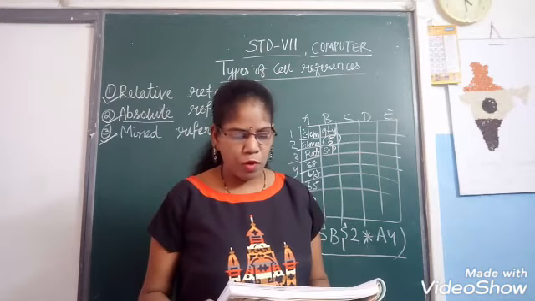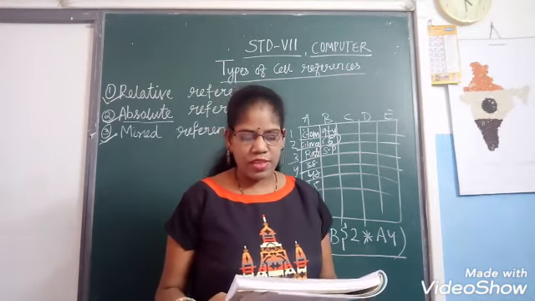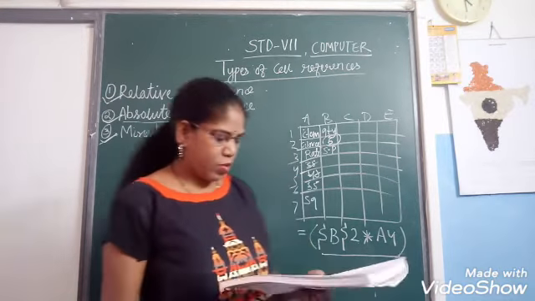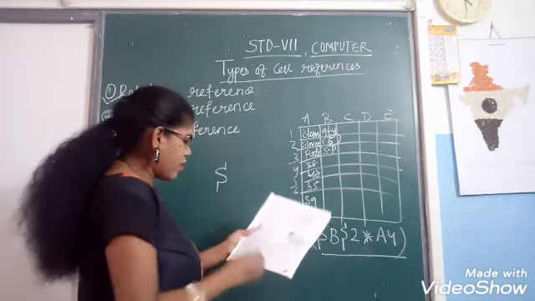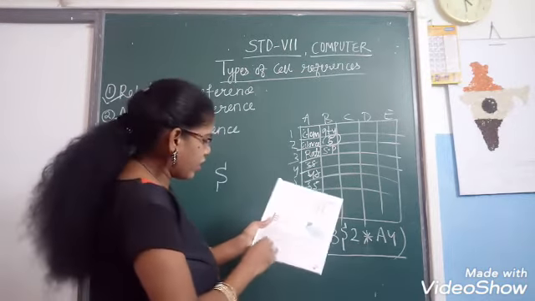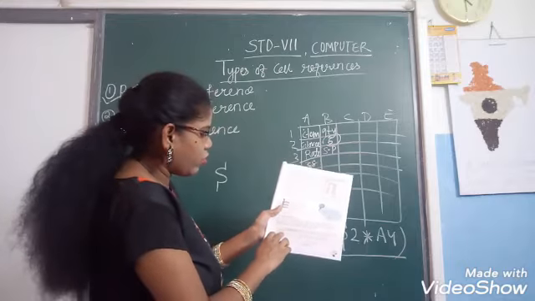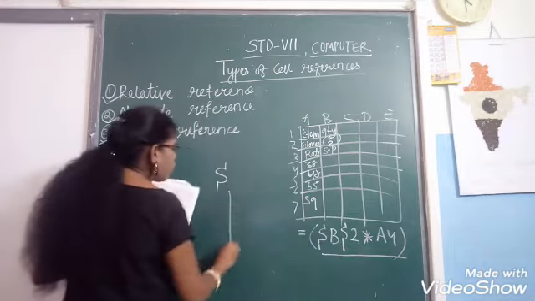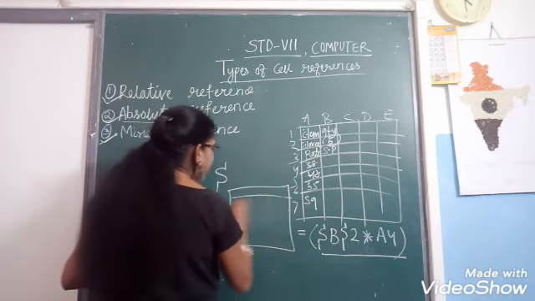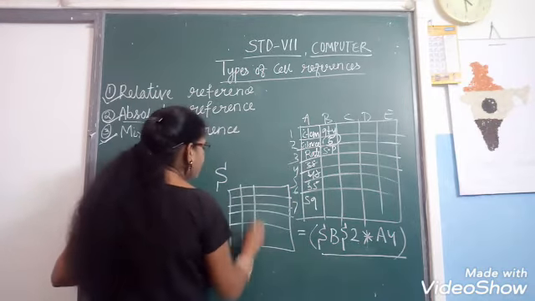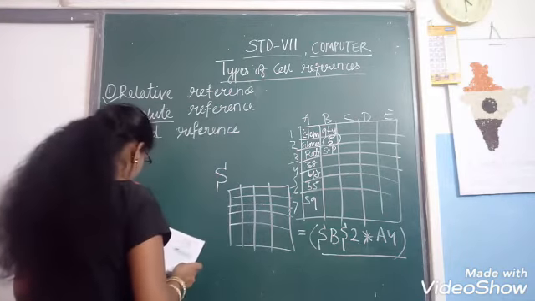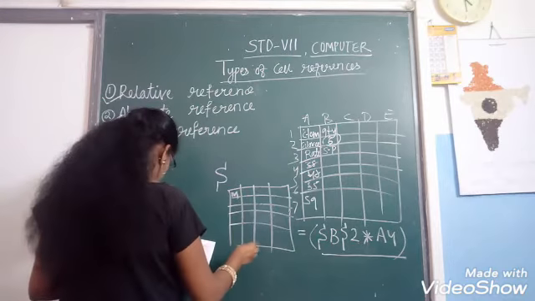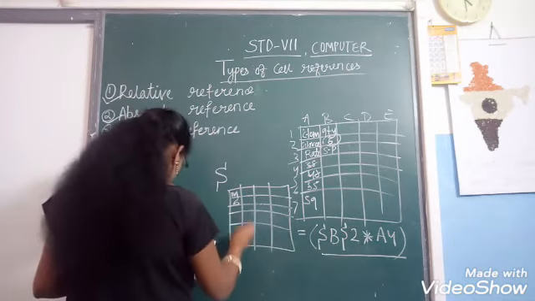A good example of a problem that requires a mixed reference is a multiplication table. One of the best examples of mixed reference is what? See, here the multiplication table is given. Here the row is constant. You can see figure 2.4. Okay. Suppose this is the Excel sheet. And here the multiplication table of 6 is written.